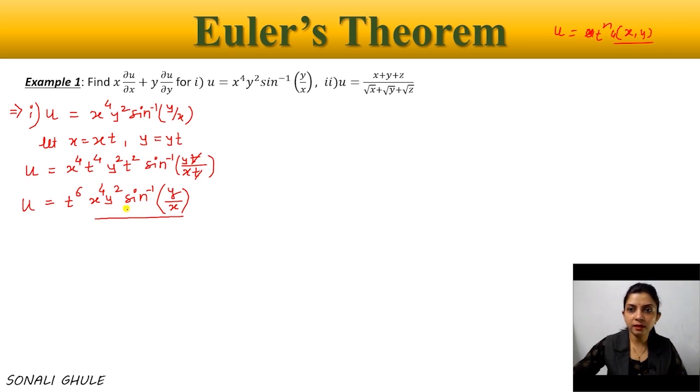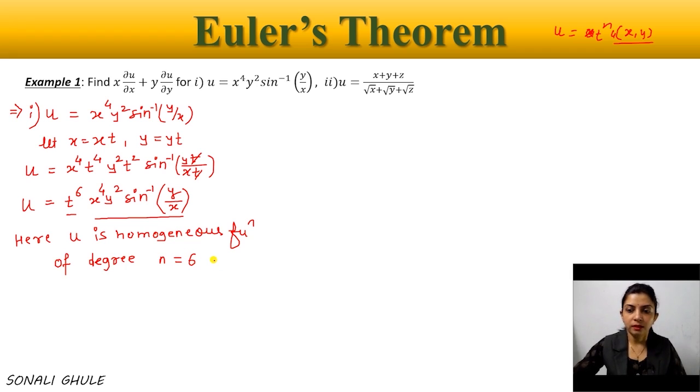This is u xy and this is t raised to n. So here what is the value for n? 6. So I can say here u is homogeneous. Yes, it is a homogeneous function of degree n equal to 6.